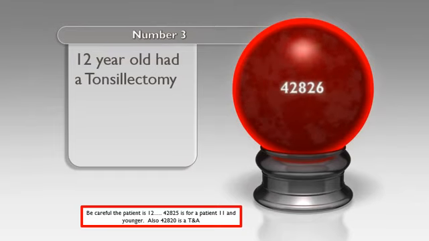The patient is 12 years of age, and if they were younger than 12, you would have selected 42825. But actually, those codes are for patients that are 11 years old and younger. I know that 12 kind of throws people off. So, if you got 42826 correct, outstanding.